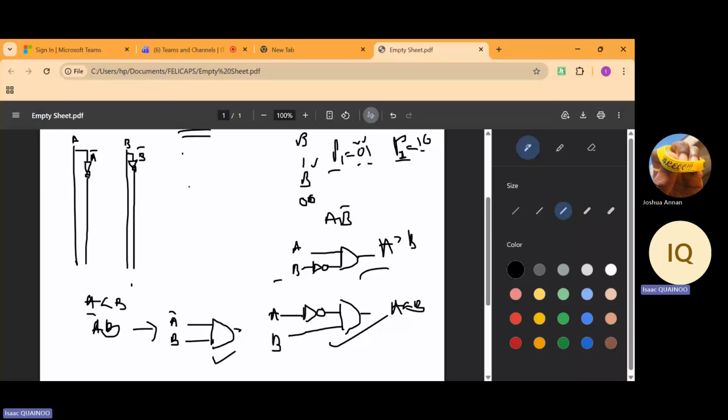So for A is greater than B, we said we had A, right? So we had this right here. So let's draw this here. And then we had A as our first input. And then we had B bar as our second input. So we have first input here, second input here.